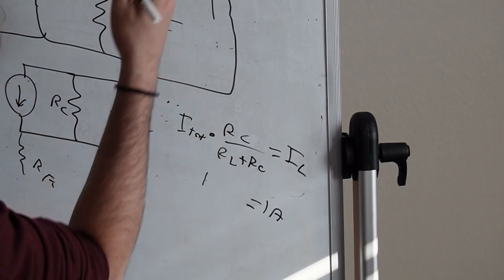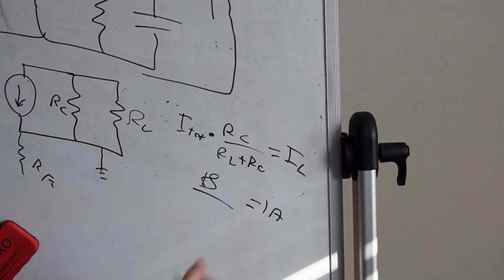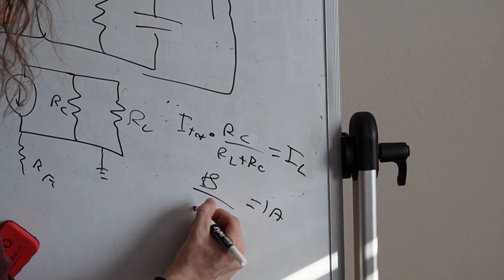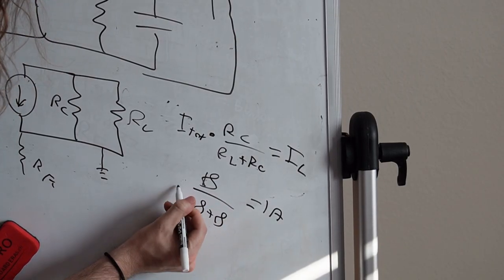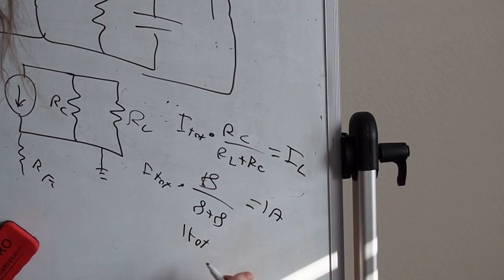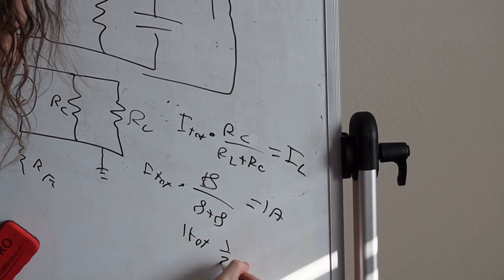RC, let's say we can do our calculations, 8. Let's say we have a speaker which is also 8 ohms, so then it's just going to be 8 plus 8 times I total. So I total will split the current in half.